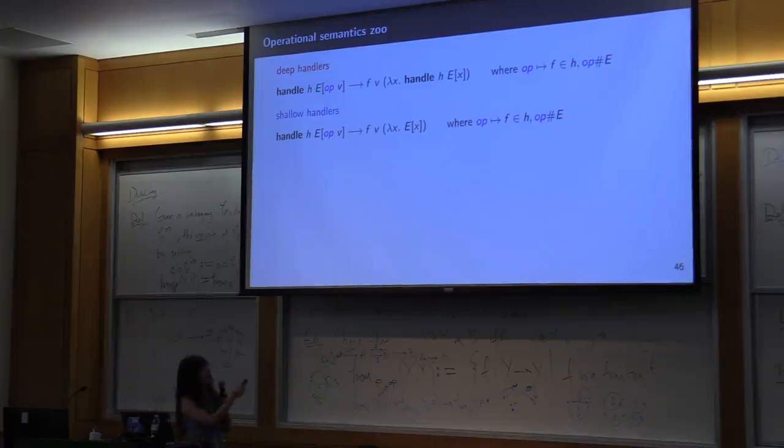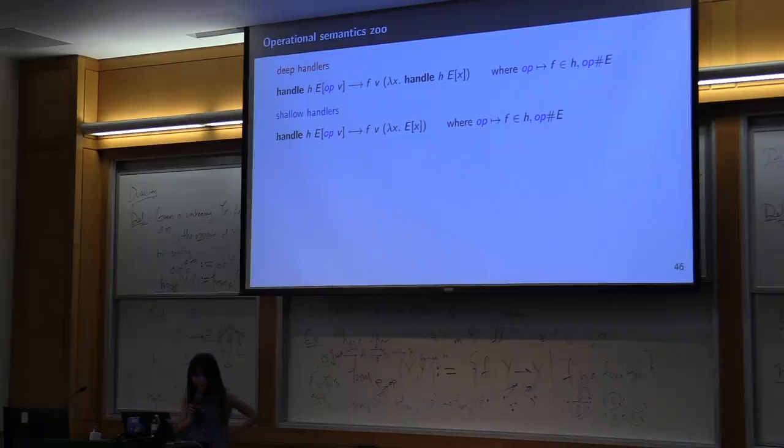And it is shallow because the continuation you capture still captures from where the operation is performed to where the handler is used to handle it, but it does not reinstall the handler. And it's sometimes convenient because you want to maybe switch to a different handler for the rest of the program, or maybe you don't want the rest of the program to be handled again, but there are some other things going on in the program.